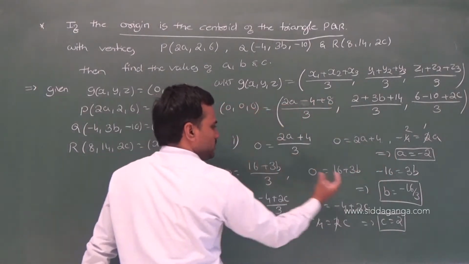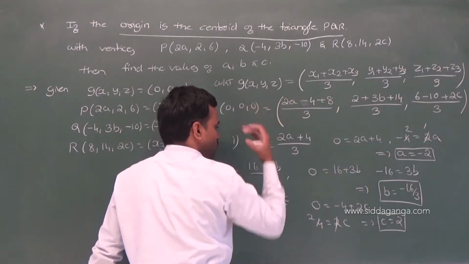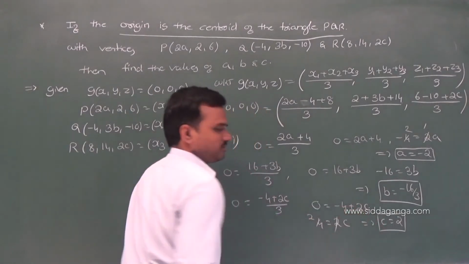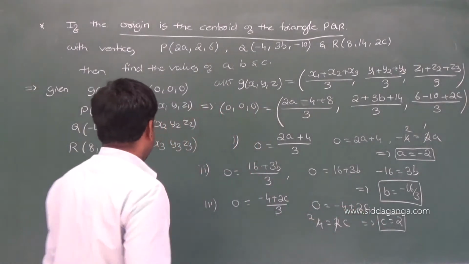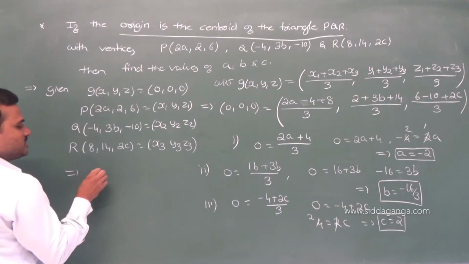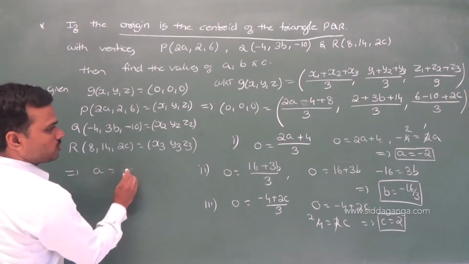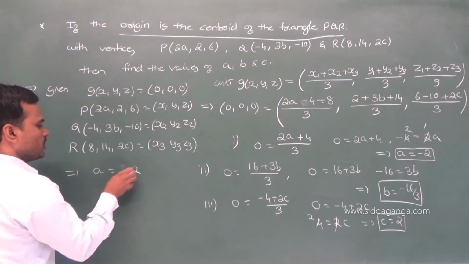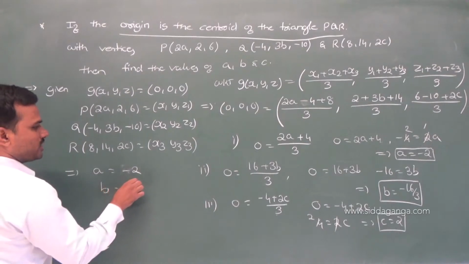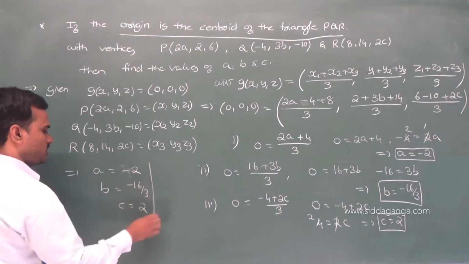Equating y coordinate, we got the b value, and similarly equating z coordinate, we got the value c. So the values of a, b and c are: a is equal to minus 2, b is equal to minus 16 by 3, and c is equal to 2.